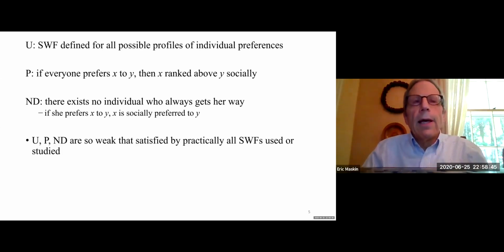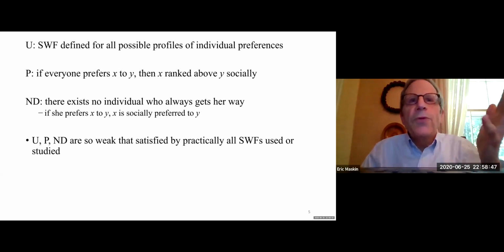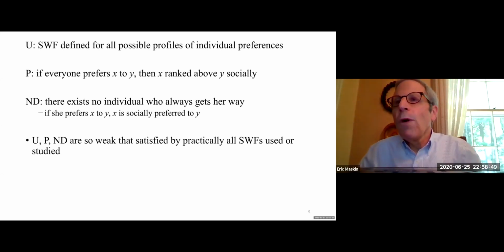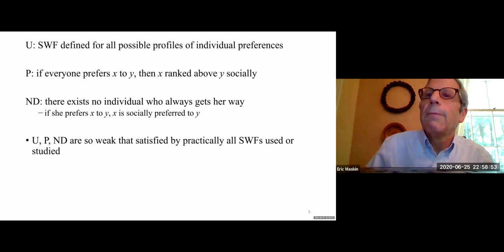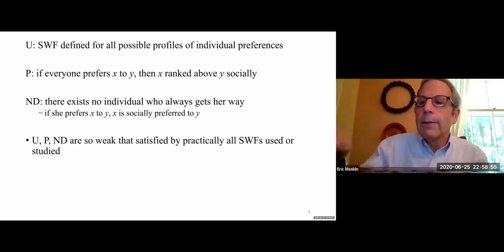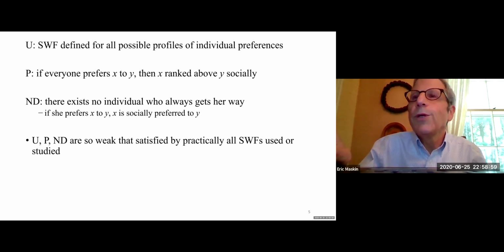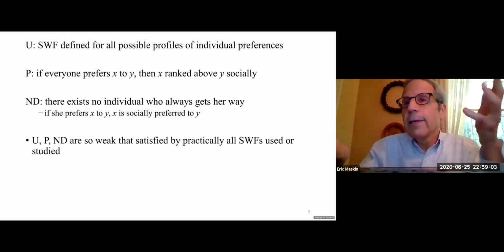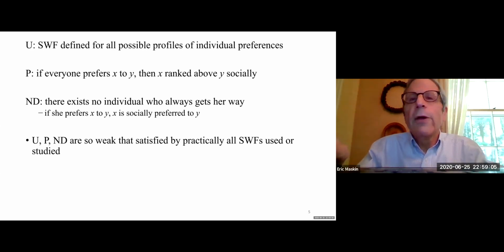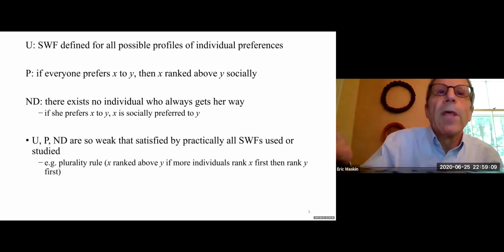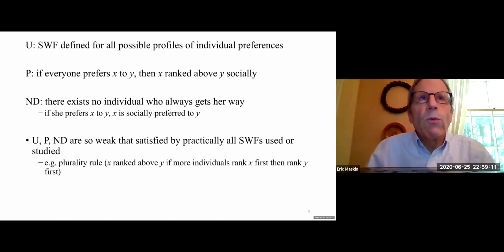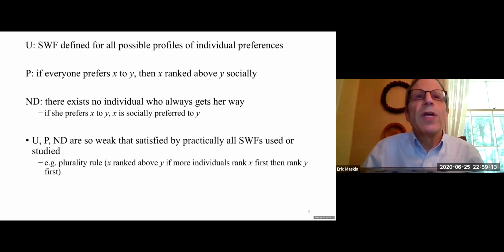Now, UD, P and ND are all very weak conditions, so weak that they're satisfied by just about any social welfare function which is studied in theory or used in practice. For example, plurality rule satisfies these three conditions.